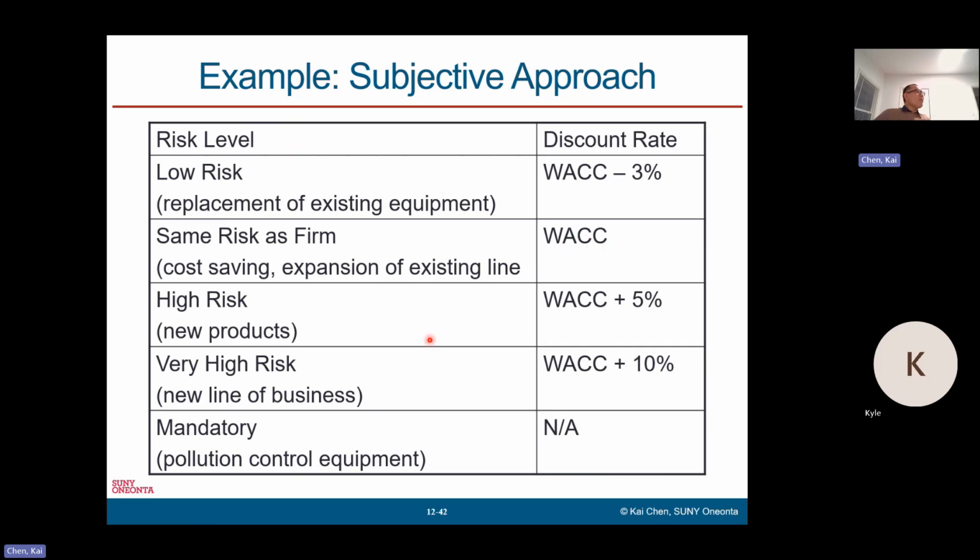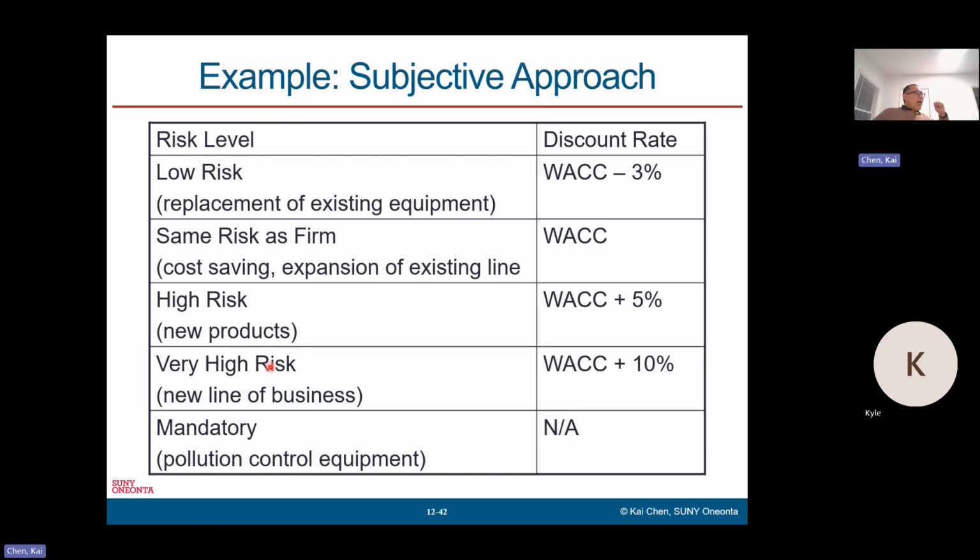For projects that have higher risk, for example, producing a new product that the company has not produced before, the risk is pretty high. In this case, we can use a discount rate of WACC plus 5%.